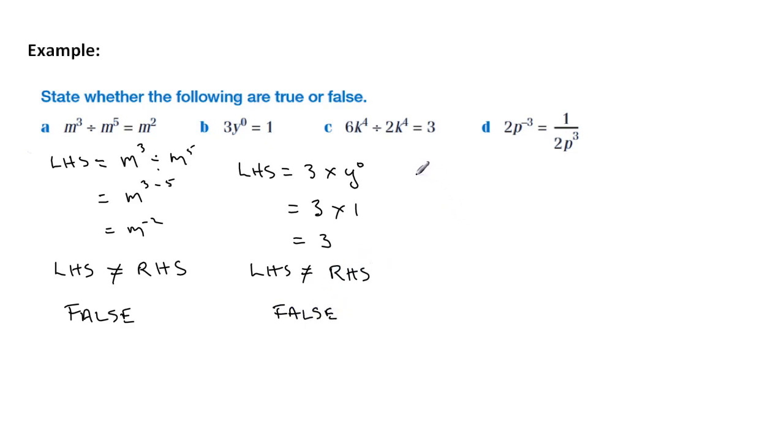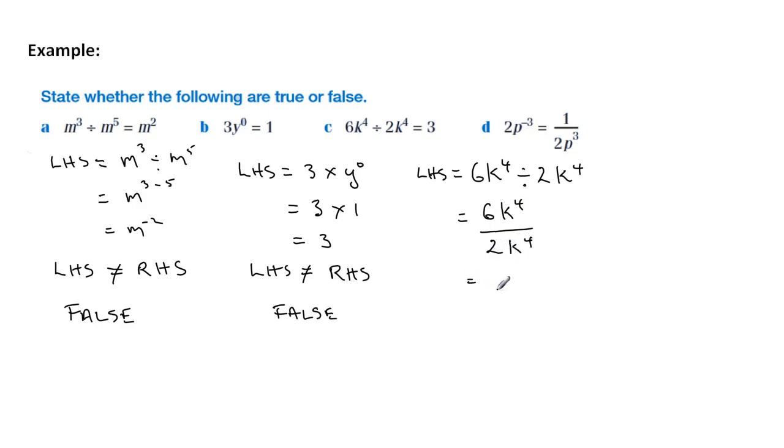Let's try this one here, C. We've got a left hand side being equal to 6k to the 4 divided by 2k to the 4. We'll write this as a fraction, 6k to the 4 divided by 2k to the 4.